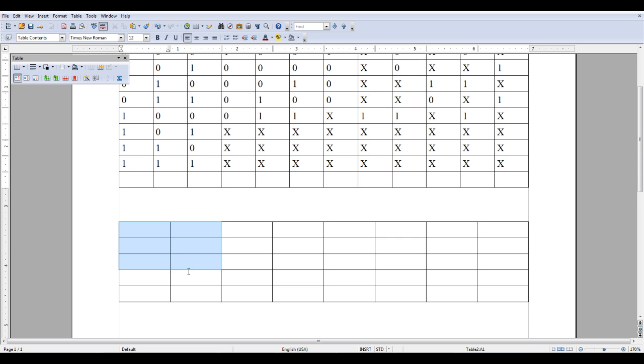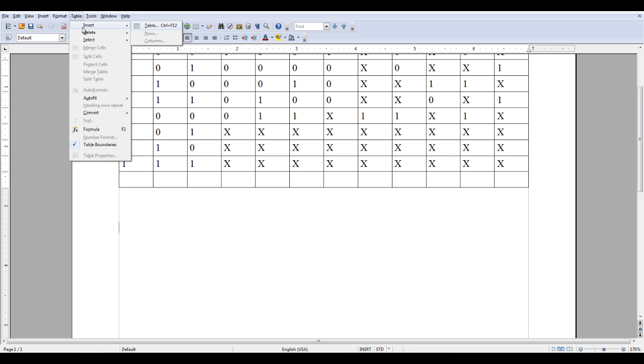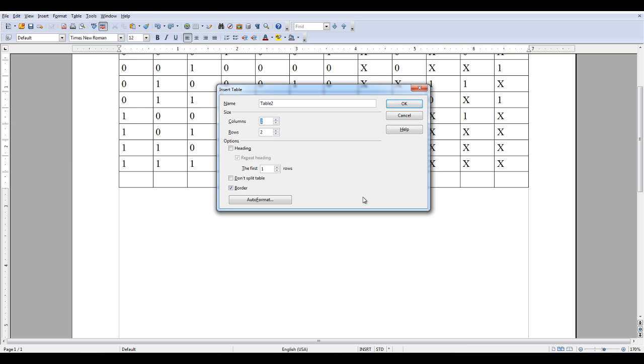Okay, so this would be my first K-map, second K-map. Never mind. I need more. How many did we do last time? We did 10. We need 16 and 5.